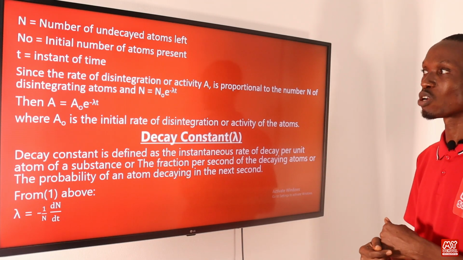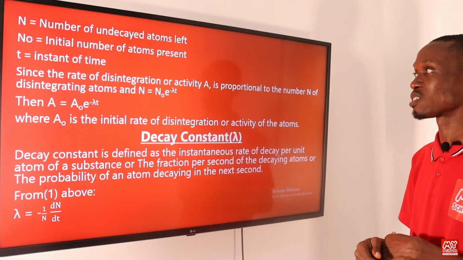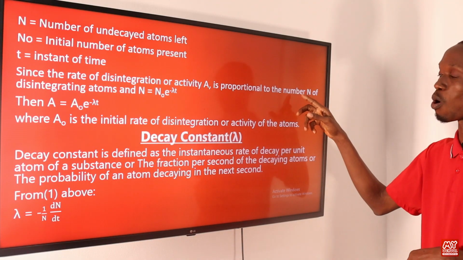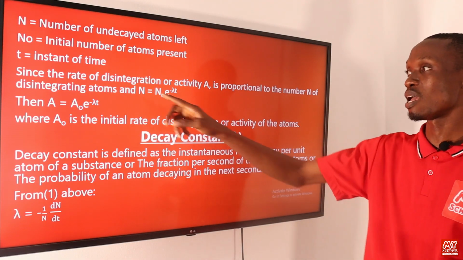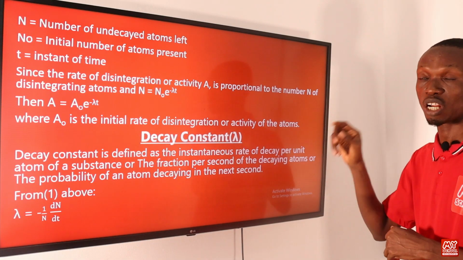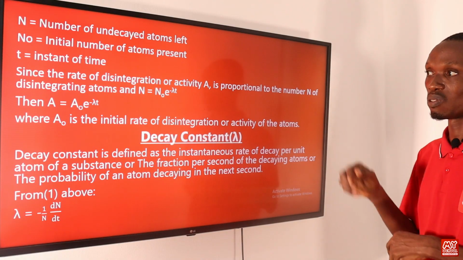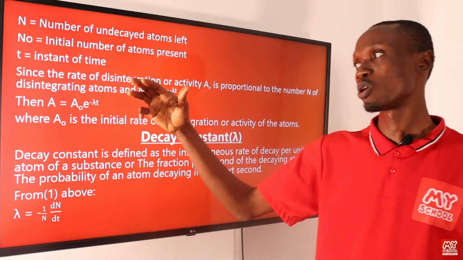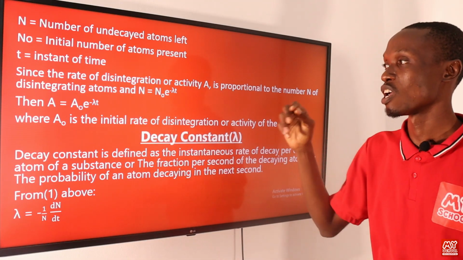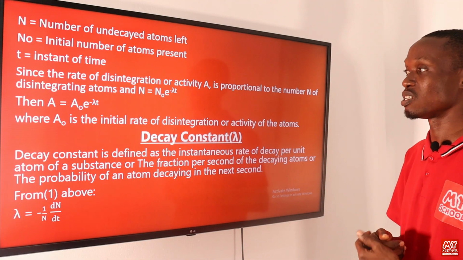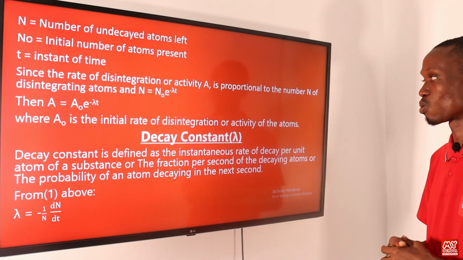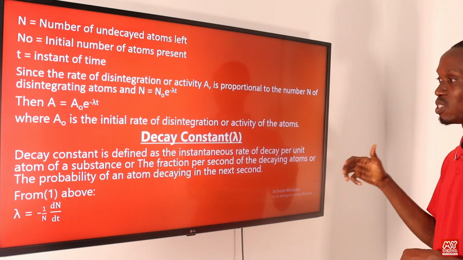Since the rate of disintegration or activity A is proportional to the number N of disintegrating atoms, and N is equal to N naught exponential minus lambda t, then A is also equal to A naught exponential minus lambda t, where A naught is the initial rate of disintegration or activity of the atom.